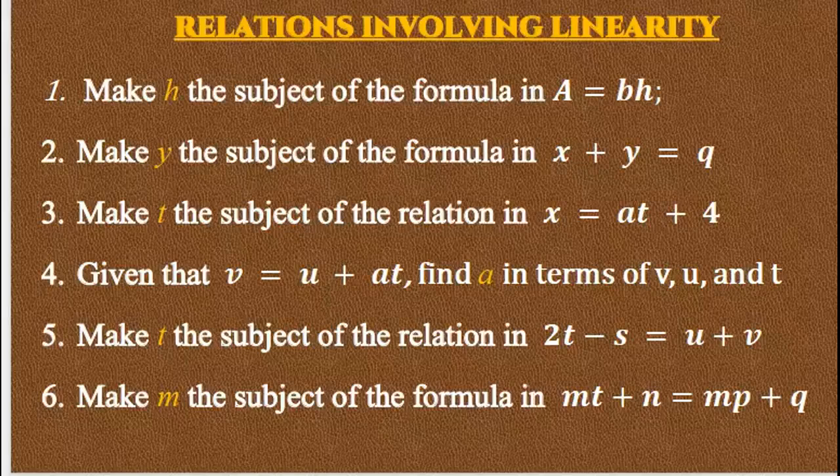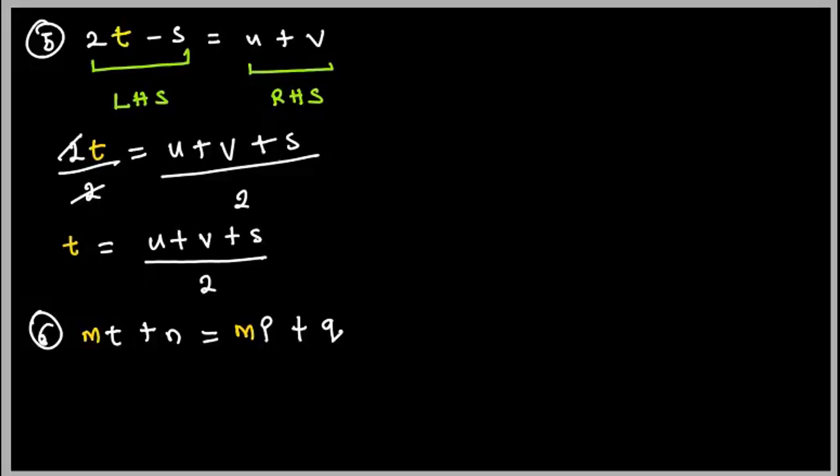Now let's look at the next question. Make m the subject of the formula in mt plus n equals mp plus q. Now, as we can see clearly, the left-hand terms are these, and all the right-hand terms are these here.